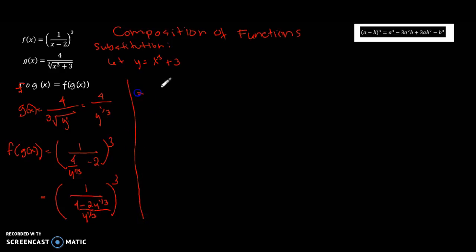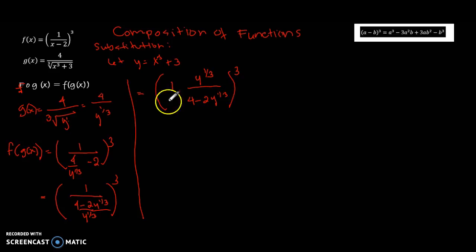So now that's going to be equal to 1 times, now everything here is being cubed, right? Everything is being cubed. So 1 times the reciprocal of your denominator. Your denominator's reciprocal is y to the 1/3 over 4 minus 2y to the 1/3.